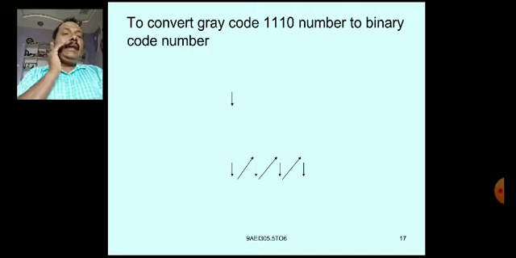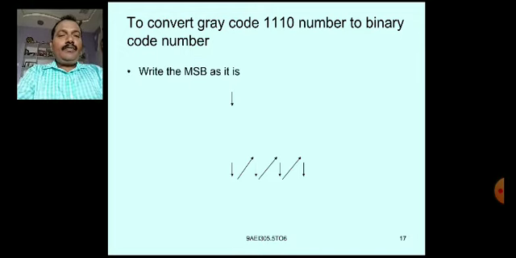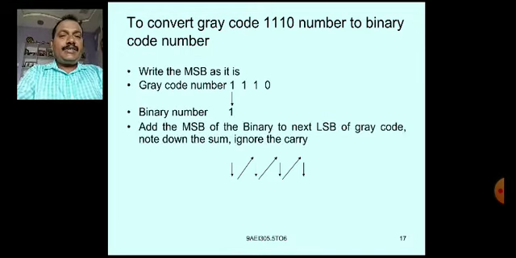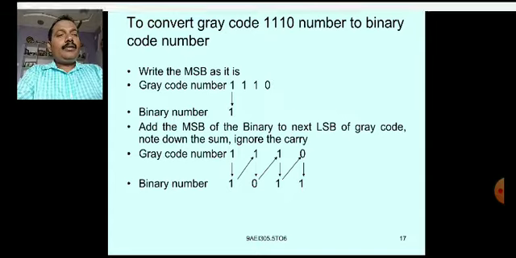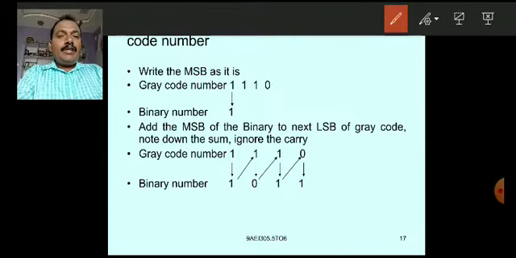To convert the Gray code 1110 to binary code, first write the MSB as it is. Both the MSBs must be the same. And next you have to add the diagonal bits.